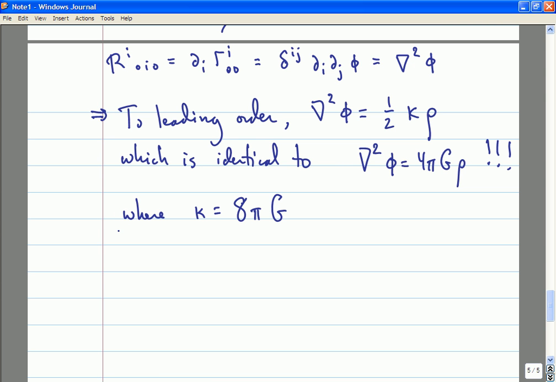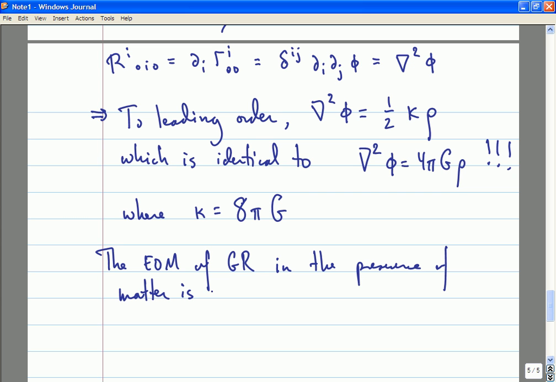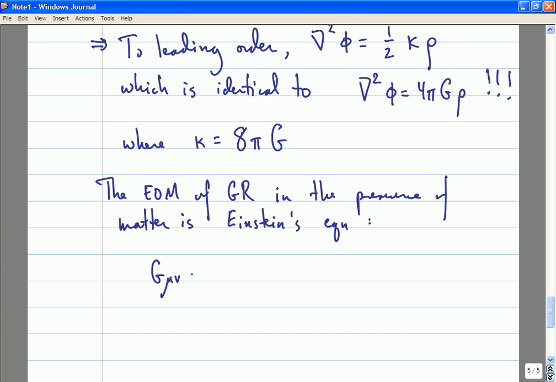The equation of motion of general relativity in the presence of matter is known as Einstein's equation. It's G_{mu nu}, which I remind you is R_{mu nu} minus 1/2 g_{mu nu} R, is equal to 8 pi times Newton's constant times the stress tensor T_{mu nu}.